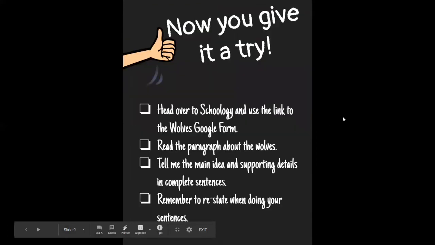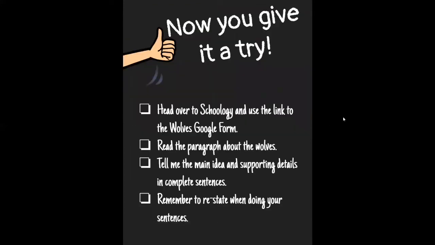Now you're going to give it a try. Head over to Schoology and use the link to the Wolves Google form. You're going to read the paragraph about wolves, just like we read here. You're going to tell me the main idea and the supporting details in complete sentences. It must be complete sentences, all right? So make sure that whenever you are doing your Google form, you have a capital letter and a period at the end.